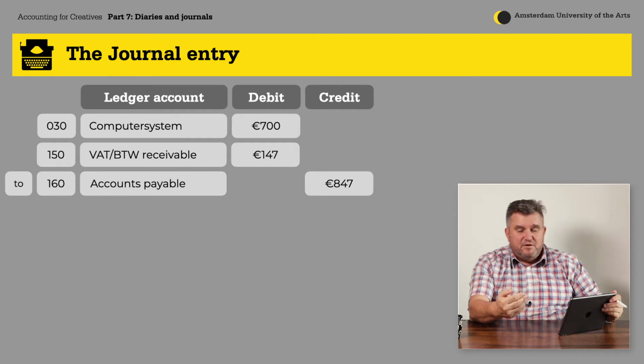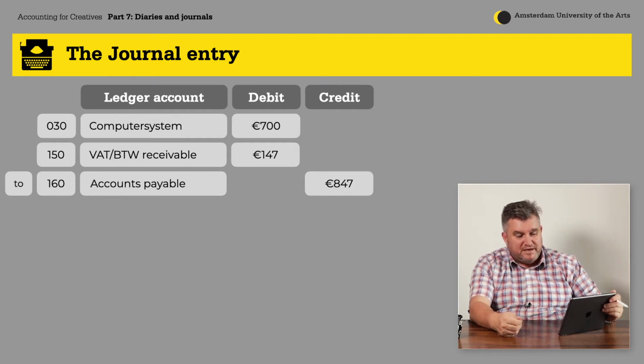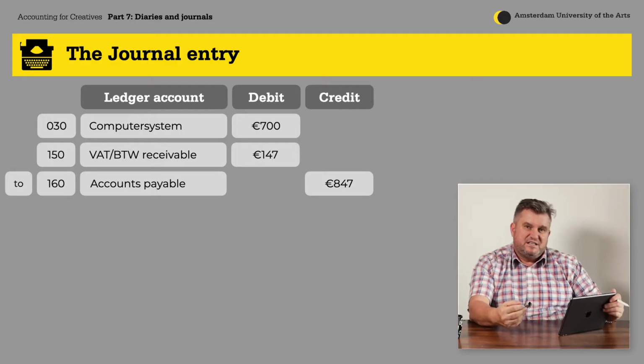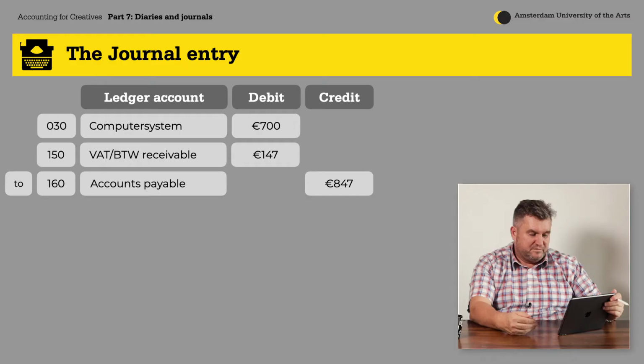The 147 euros that we pay to our supplier, we know we can get back from the tax authorities within the next declaration. So until then, it's a claim on the Belastingdienst, and the claim is an asset. Assets are debit, so the 147 is also on the debit side of this journal entry. And finally, the accounts payable.